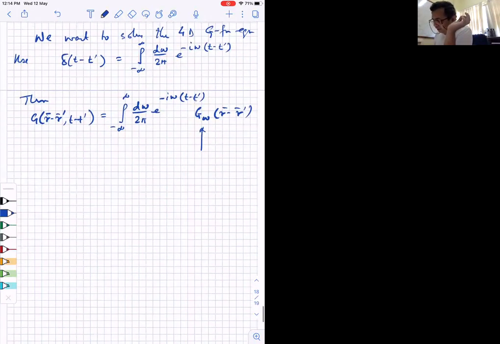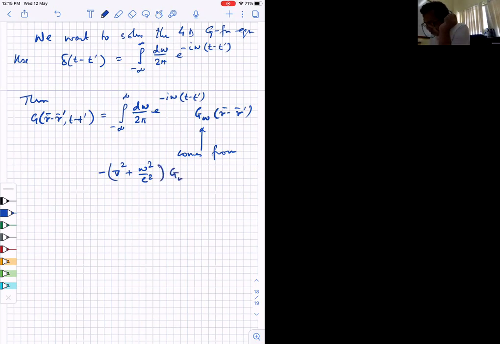This thing comes from this equation, which is grad squared plus omega squared over c squared, G omega of R minus R prime equal to minus 4 pi delta.